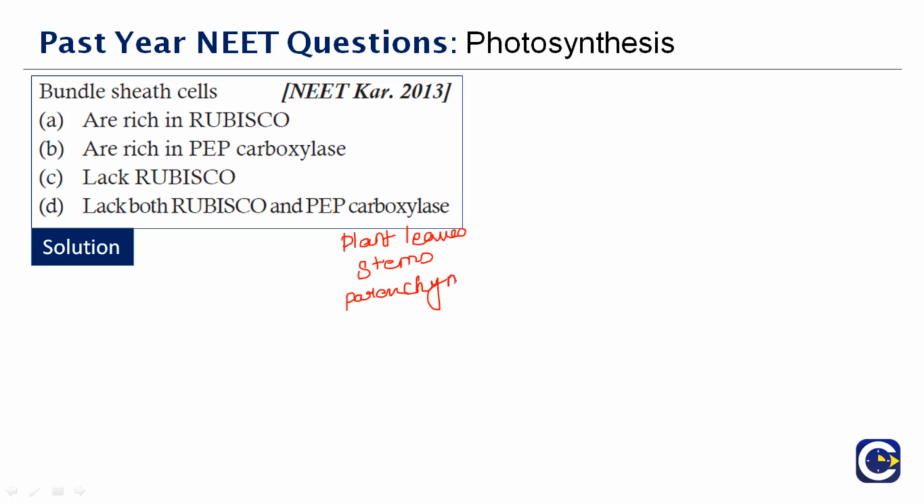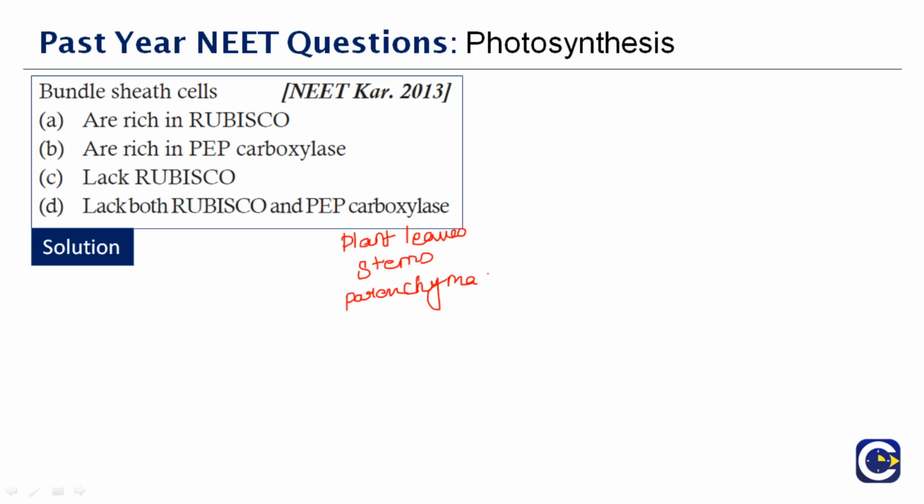Okay. So the other name for bundle sheath cells is photosynthetic sites, where they are present in the leaves and the stems. When it comes to leaves, they are present in the vein of the leaves. Sometimes they even act as a protective covering over the leaf of the plant. So out of the 4 options given here, what do they lack in, what do they rich in?